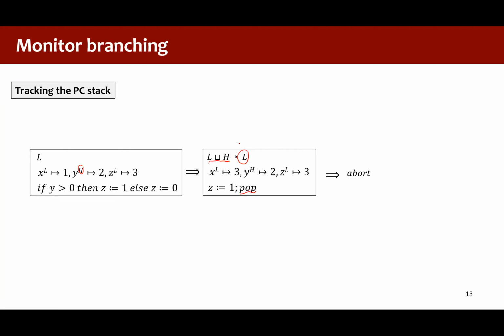If your system is very simple, and the language I've been using is pretty simple, you can do a pretty good type system to rule out bad programs. If I'm talking about a real system like JavaScript, there's no way you can have a type system to do all the things you want.